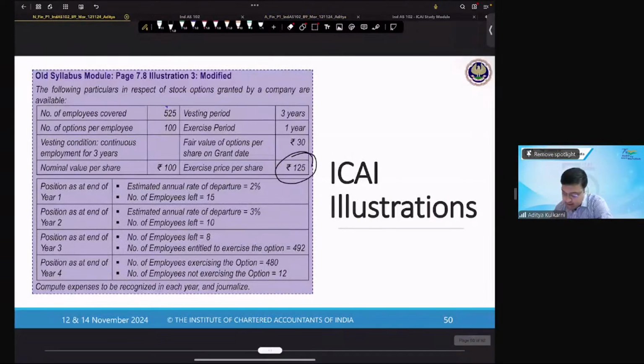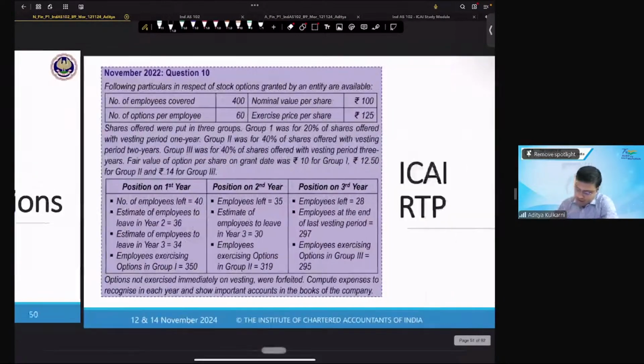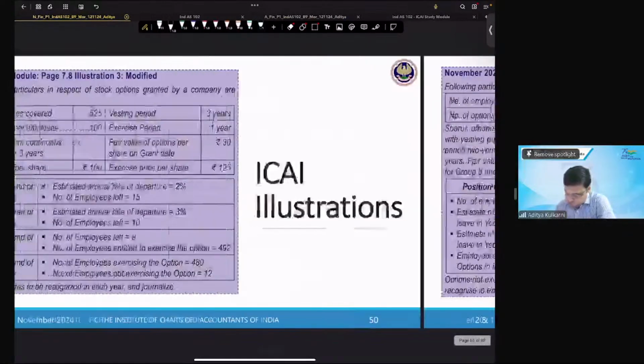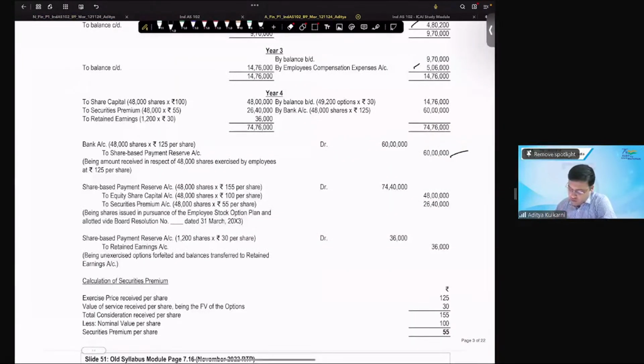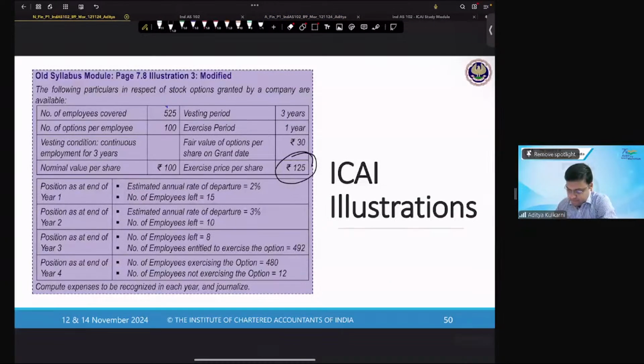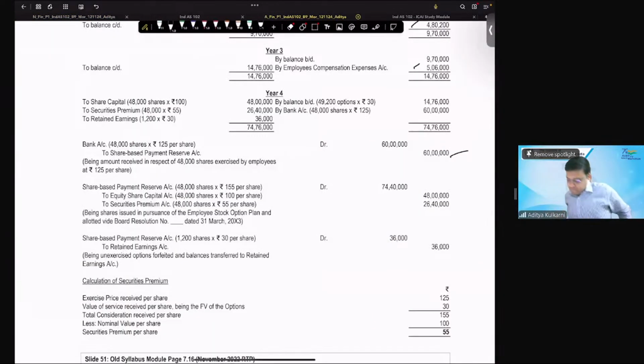So let us look at the data. The shares are having a nominal value of how much? 100 rupees.